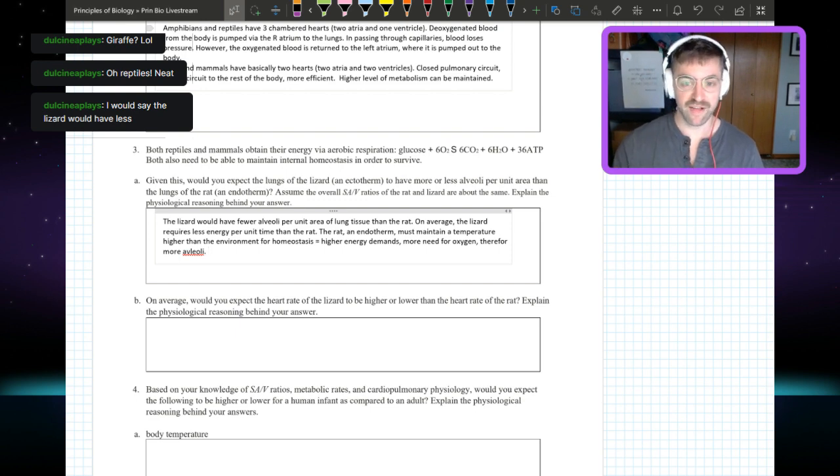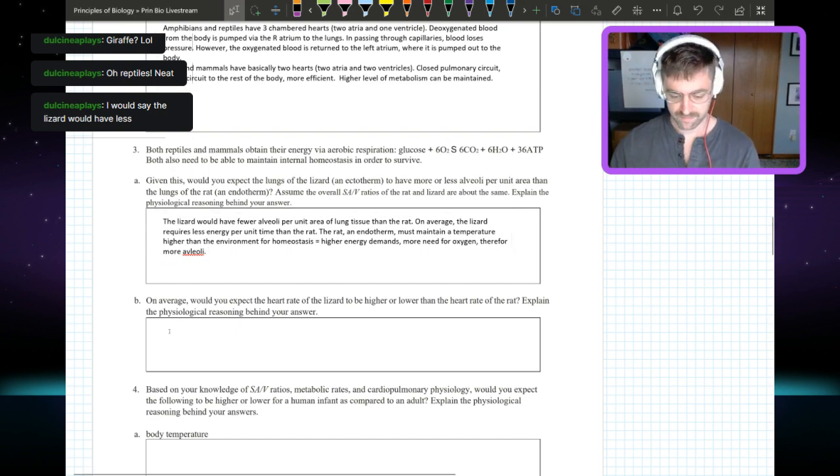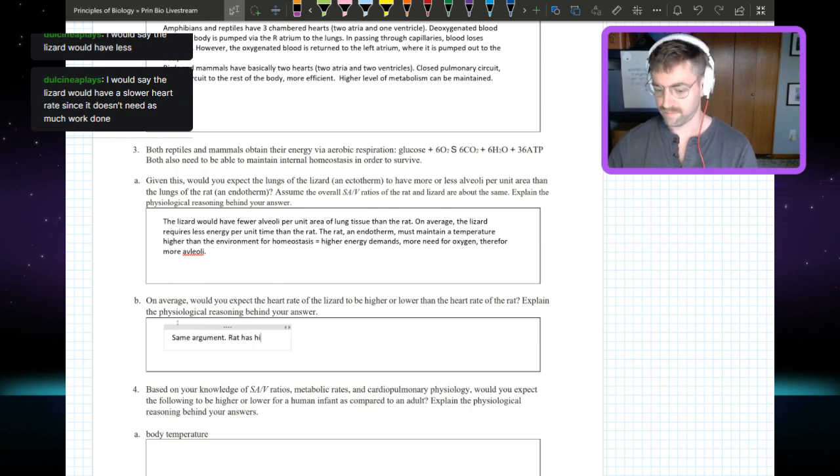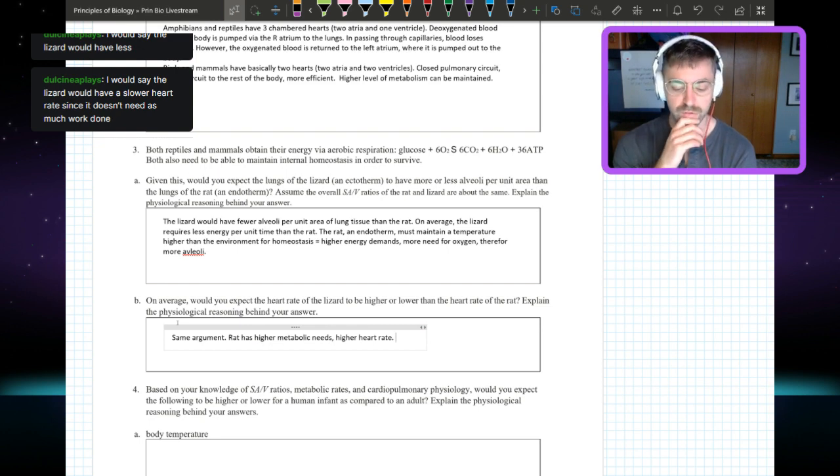The rat's heart has to pump a lot faster to maintain that metabolism. So, same. Right, exactly. Cool.